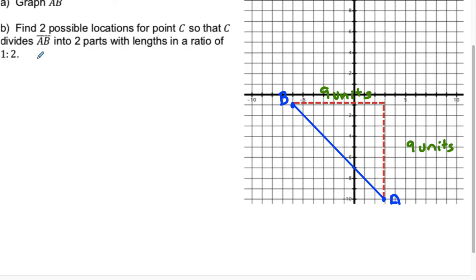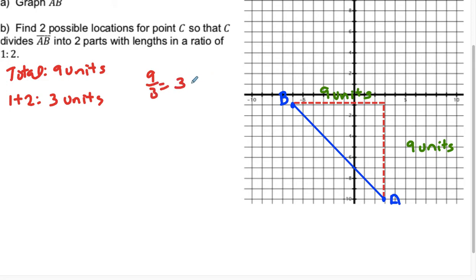So 1 to 2 units means that if there's a total of 9 units, they want me to split this into 3 equal units. So 9 divided by 3, a third of it is going to be 3 units. So I'm going to count vertically and horizontally 3 units.